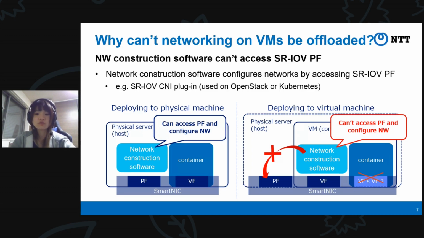Therefore, as shown in the left figure, when deploying containers to physical machines, the software can access PF and assign VF to containers. But, as shown in the right figure, in the case of deploying containers to VM, the software can't configure network because it can't access the PF.